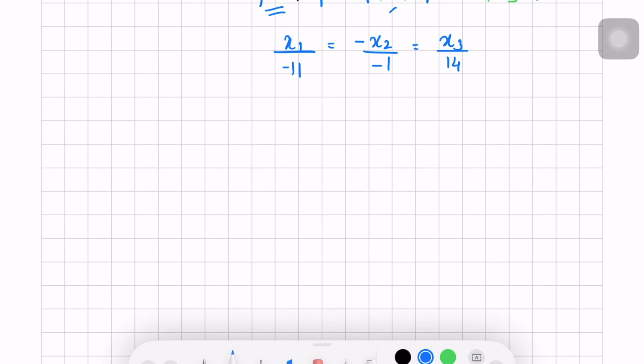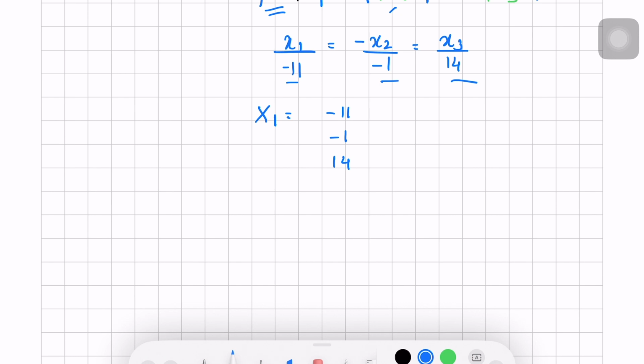So now we'll just write x1 is equal to, now we'll take all these values to the right side, so it will be minus 11, minus 1 and 14.